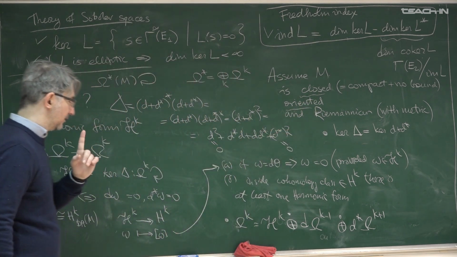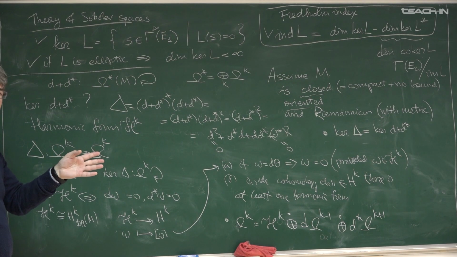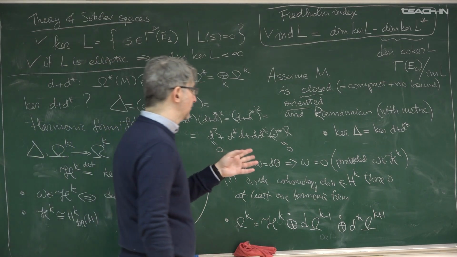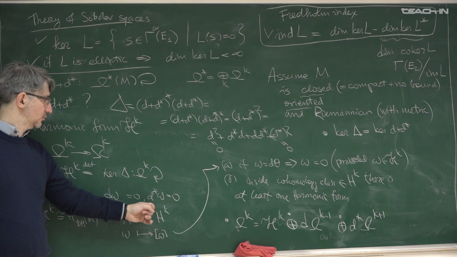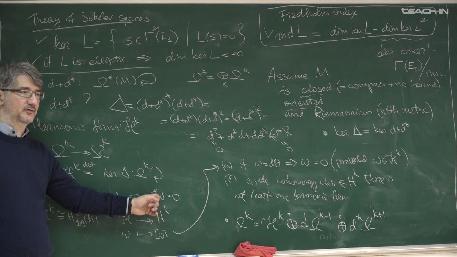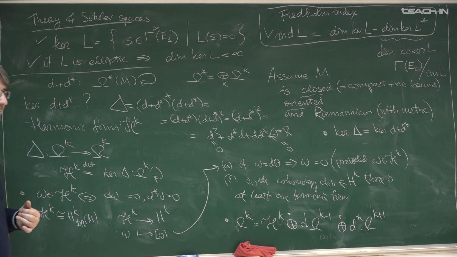Then you define a scalar product on each exterior power. Yes, we can define the scalar product pointwise, and then you need to integrate. This will be the definition of the scalar product with respect to which you define d star, because otherwise d star is not defined. D star is defined via the scalar product on sections, and then integrating.